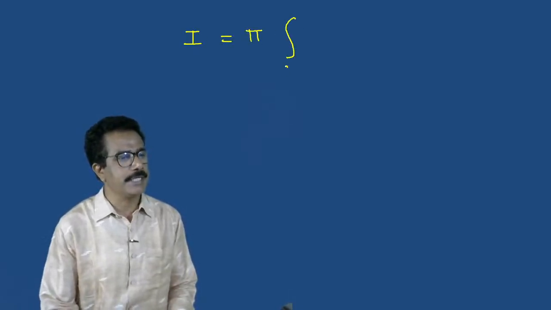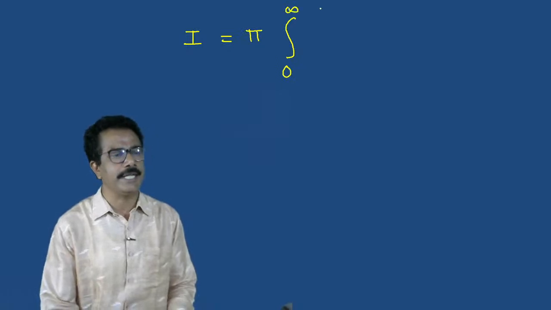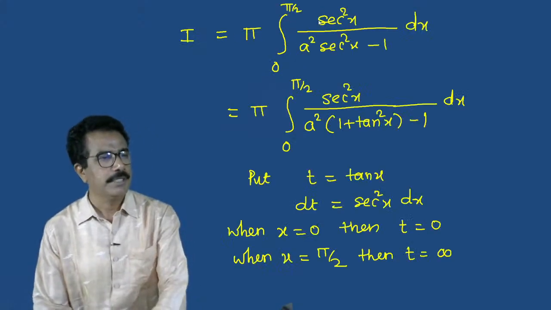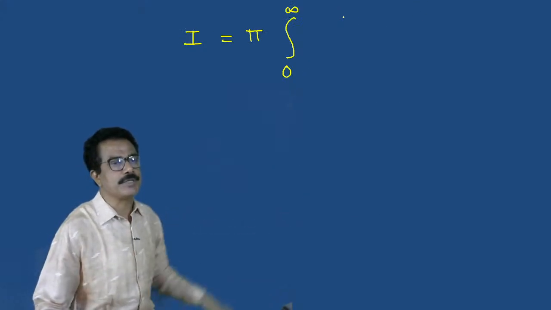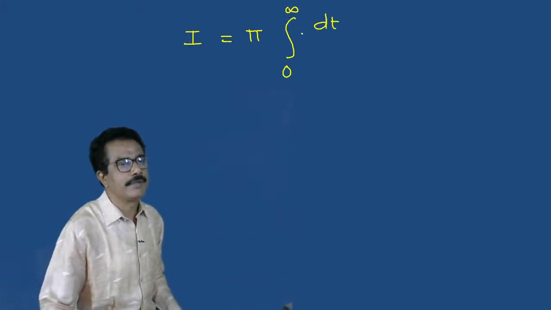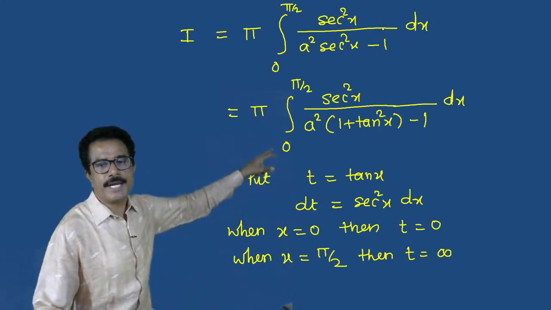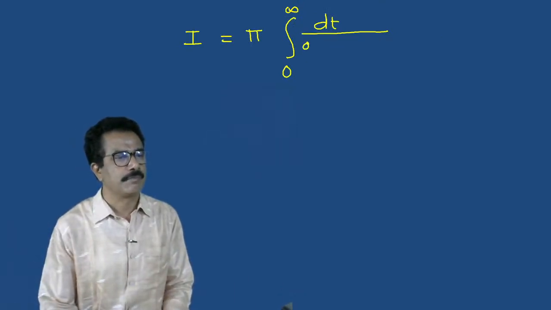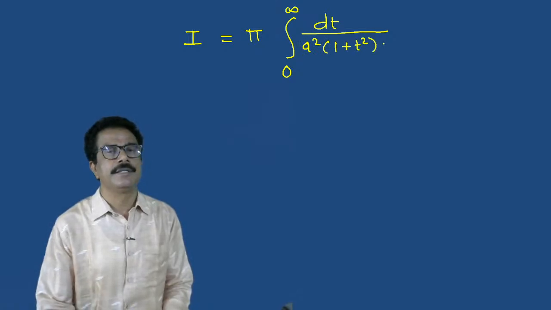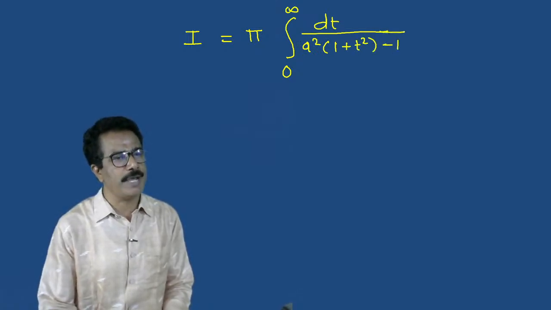So our integration becomes I is equal to pi integral from 0 to infinity, sec square x dx. Now see this, sec square x dx we can write as dt, divided by a square times 1 plus tan square, and tan x is t, so t square minus 1.